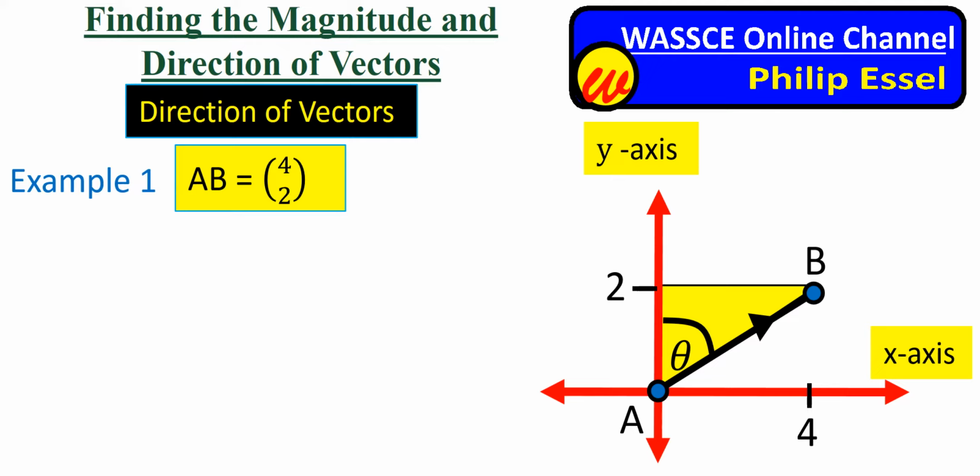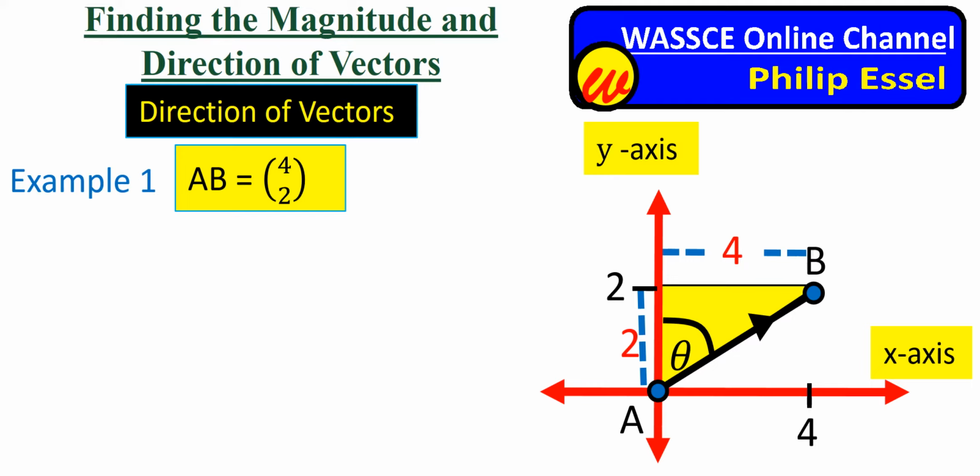So the opposite side of the triangle will be represented by this, and its value is 4 units, whilst the adjacent part of the triangle can be found here. Its value is 2 units.